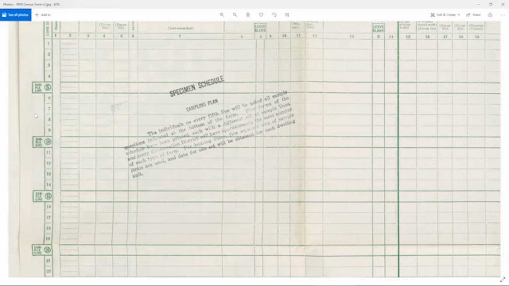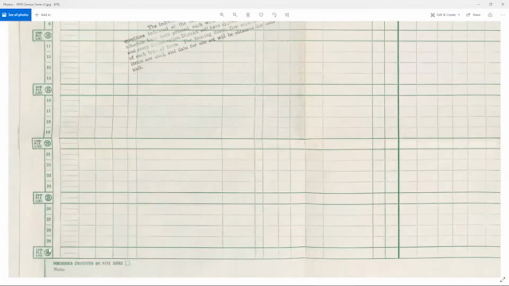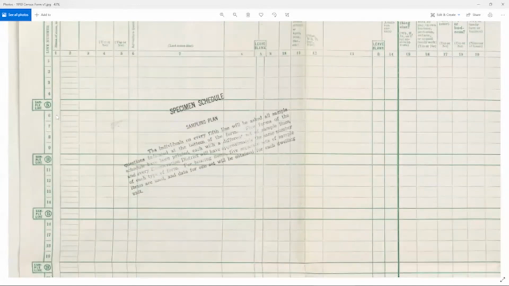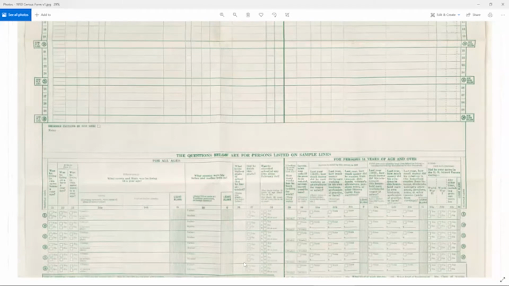So this one happens to be 5, 10, 15, 20, 25, and 30. Another one is 4, 9, 14, 19, etc. 1, 6, 11. So it's every 5. It starts with one of these 5 numbers and then does every 5 all the way down the page. And those get entered down here in these sample or supplemental questions.